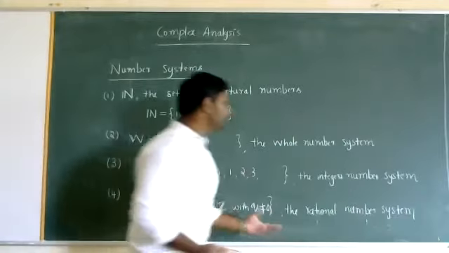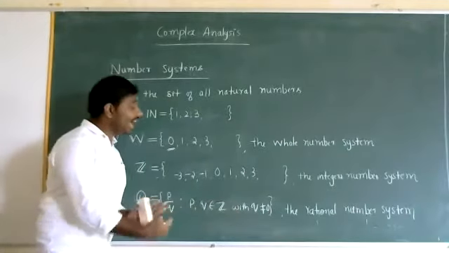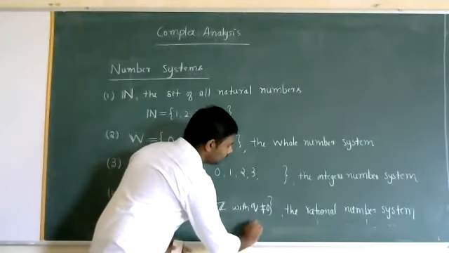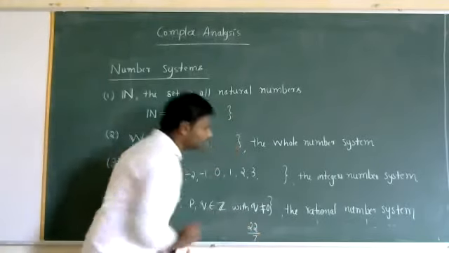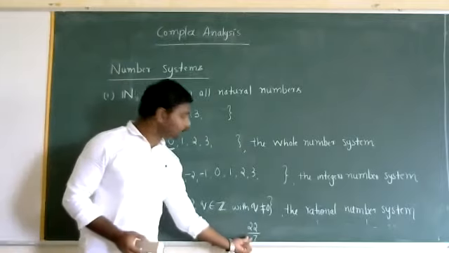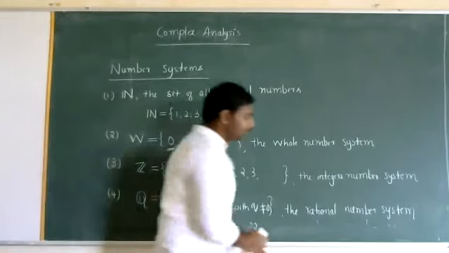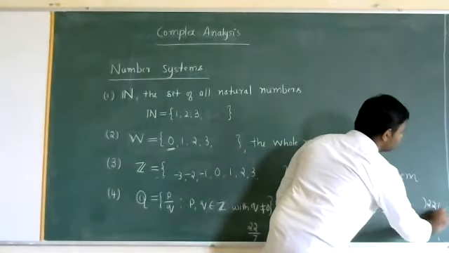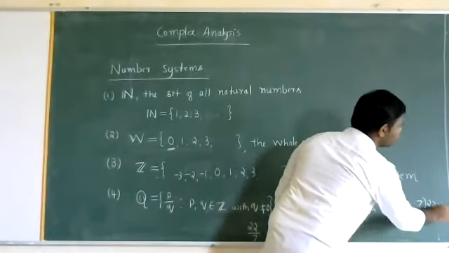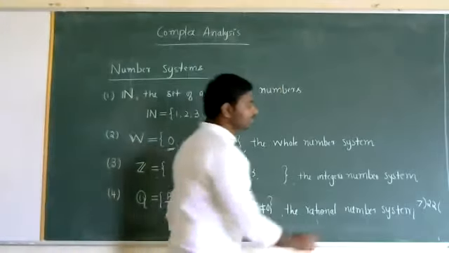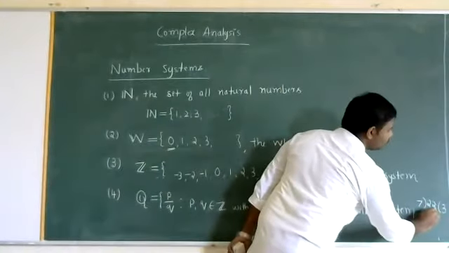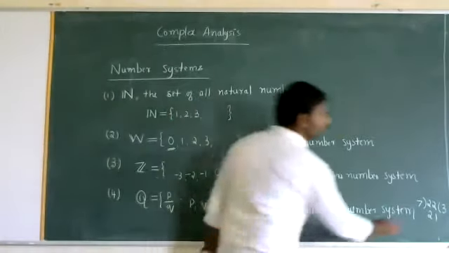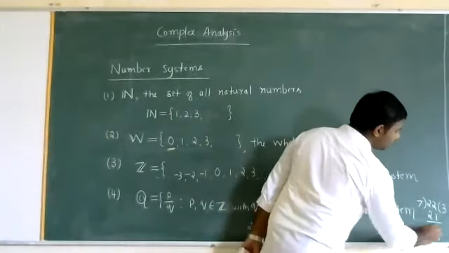Now with this observation, I can find some numbers, some fractions. For example, 22 by 7. If I express this in decimal representation, I want to divide 22 by 7. 7 3s are 21, so the remainder is 1.